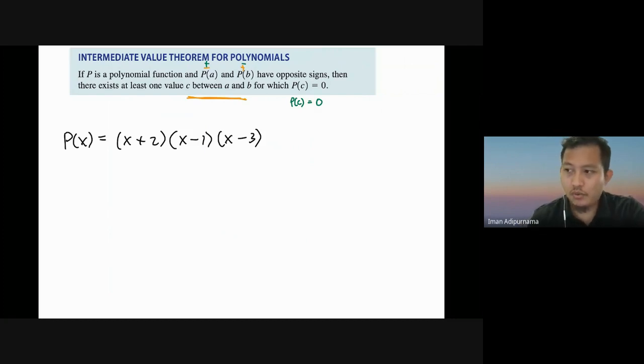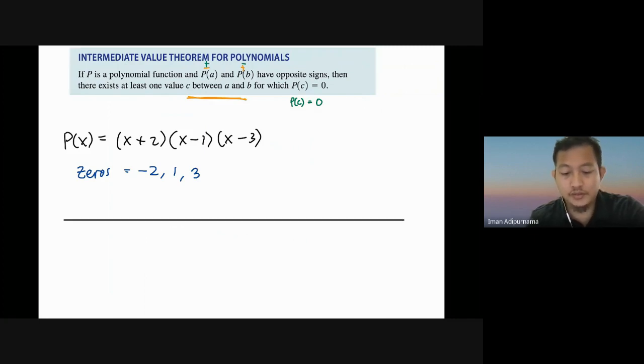Okay, now we are seeing the results for the zeros directly from here. So zeros will be -2, 1, and 3, right? And we can use, if you want, the line interval to get the idea on how the graph will behave or look like.